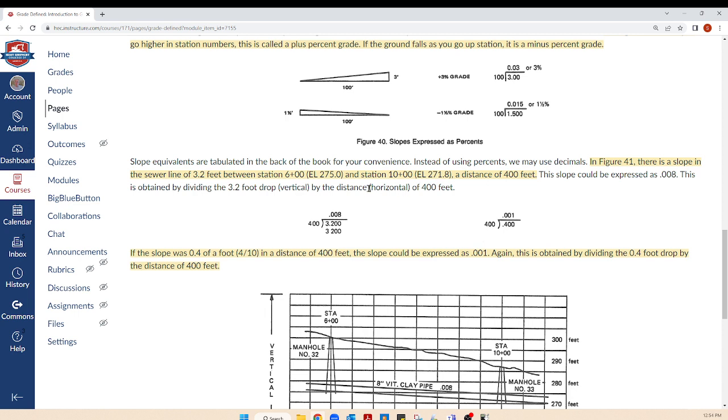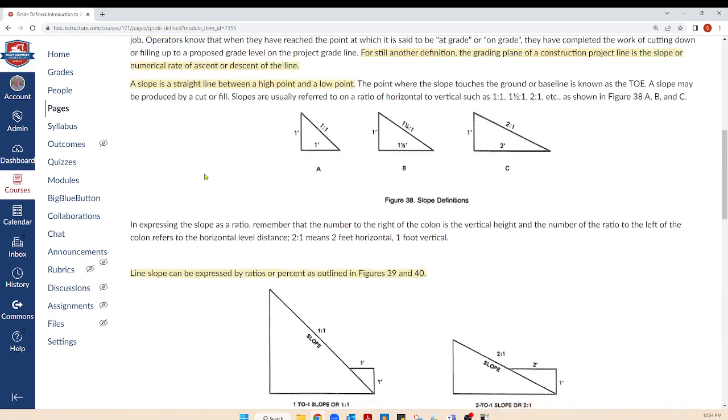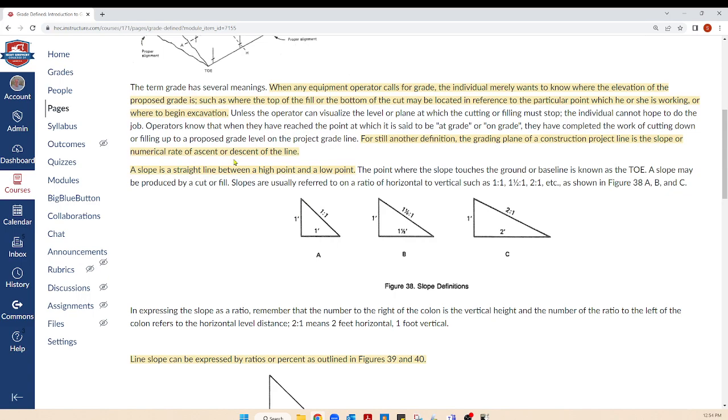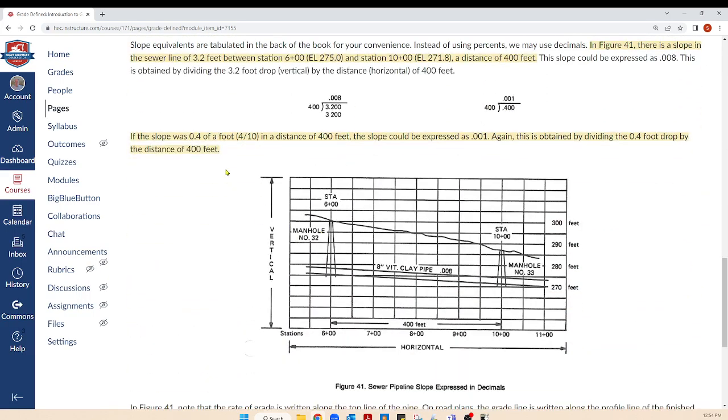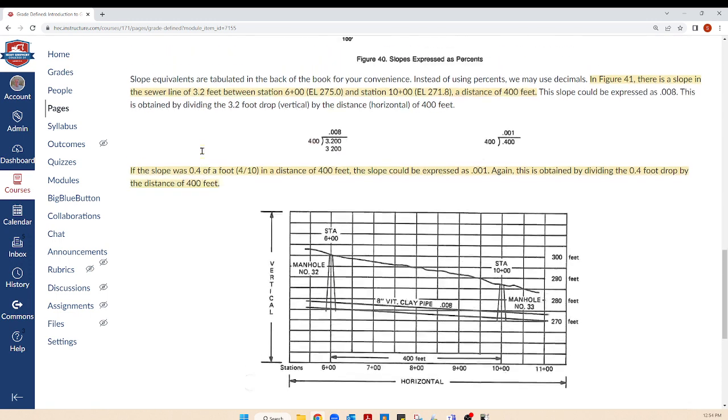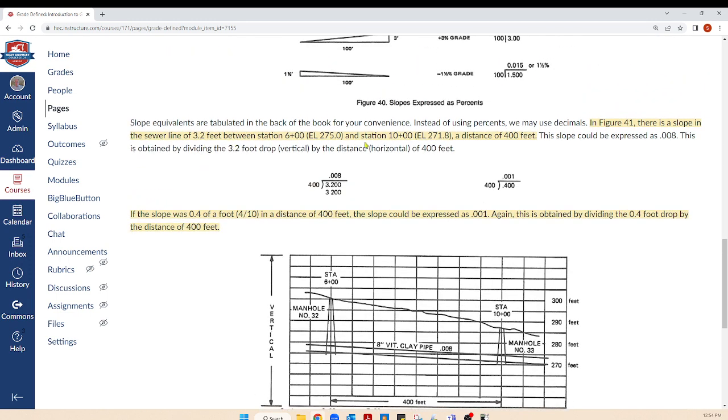So let's take the vertical distance of 3.2 divided by the horizontal. 3.2 divided by 400 equals, guess what, 0.008.